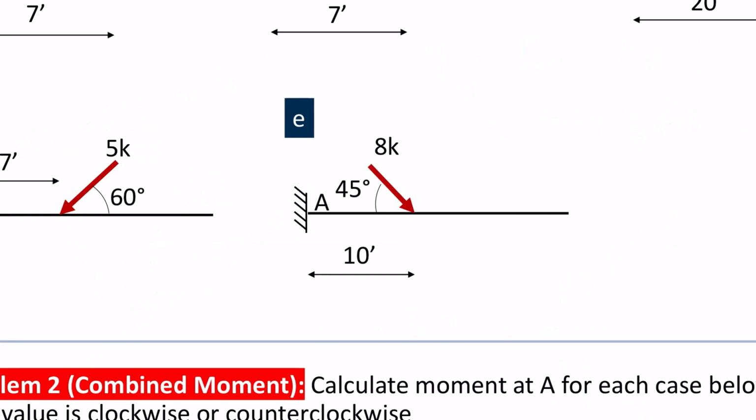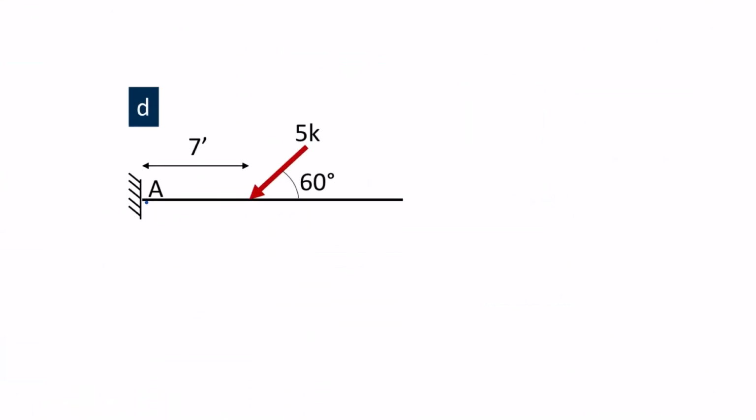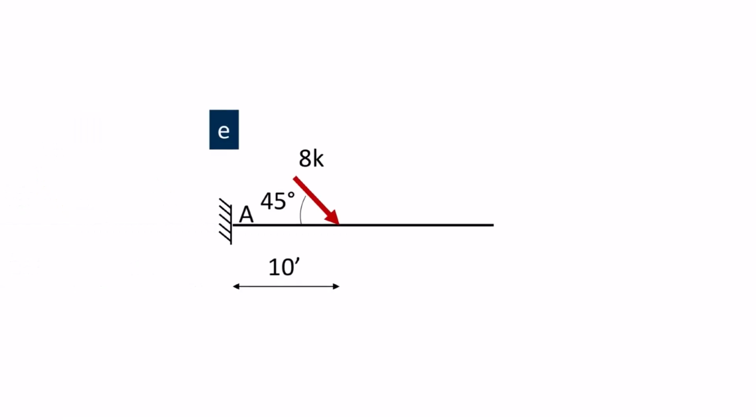Now let's try problem E. The problem is just the same thing. The first thing is that you need to extend the line over here and then draw a perpendicular distance.